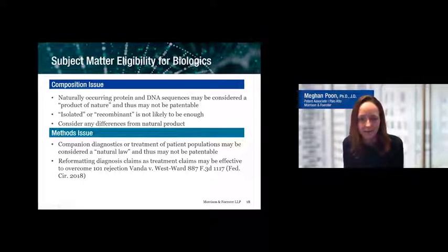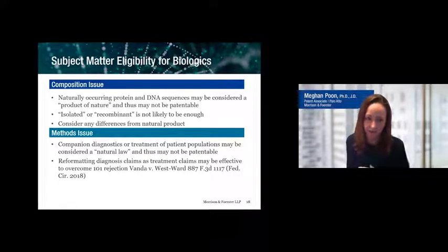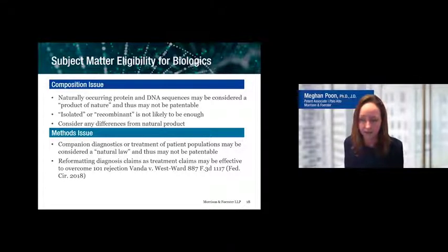Okay, so in terms of subject matter eligibility, there are issues with composition claims and then also issues with method type claims. Naturally occurring protein and DNA sequences can be considered a product of nature and may not be patentable. Whereas, for example, cDNA is patent eligible.